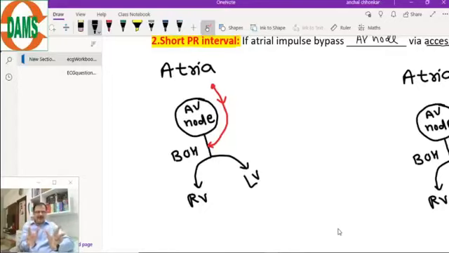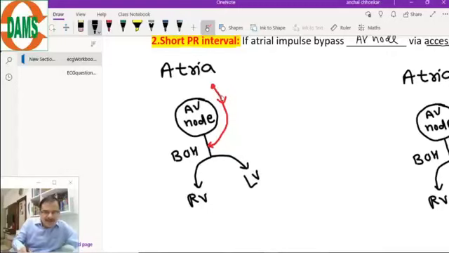You can draw the diagram. Atria, AV node, bundle of His, and from bundle of His, the impulse goes to right ventricle and left ventricle. Look at the red one. Above is atria, AV node, bundle of His, right ventricle, left ventricle.